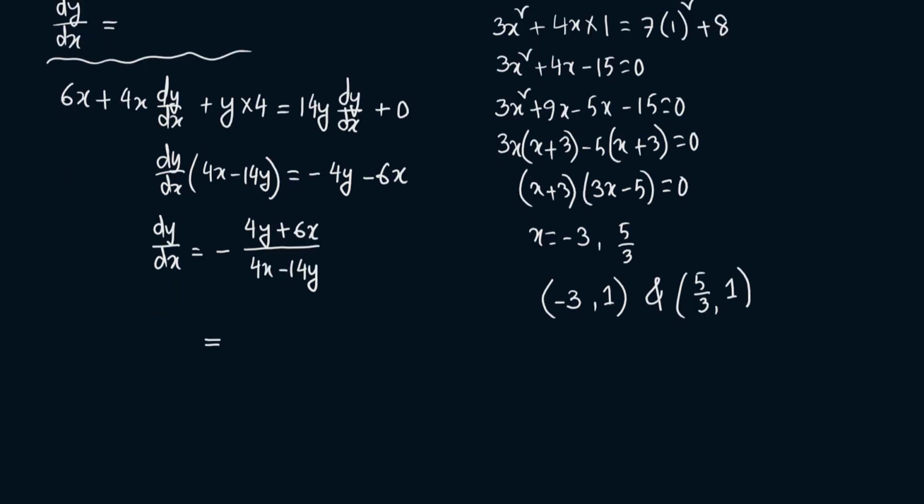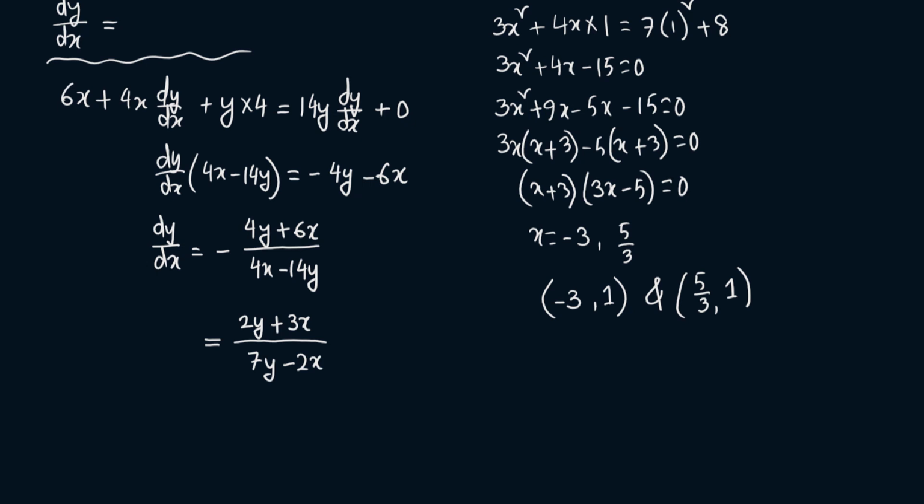We can simplify more for this equation. If we take two common from the upper and lower side, and we can cut out, and the minus sign also can cancel, it gives us 2y plus 3x, and on the bottom it is 7y minus 2x. I took minus 2 common from the below, and from the top is minus 2 as well, then cut out, then automatically you will get this equation.